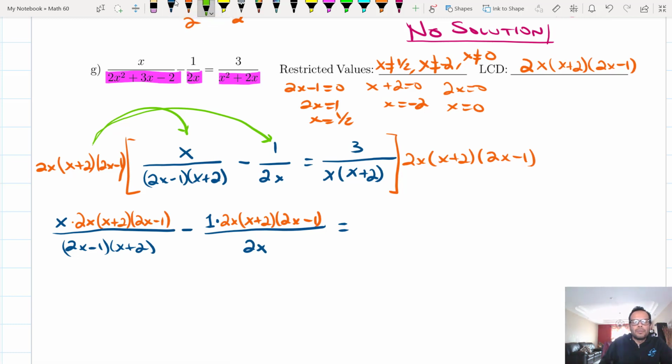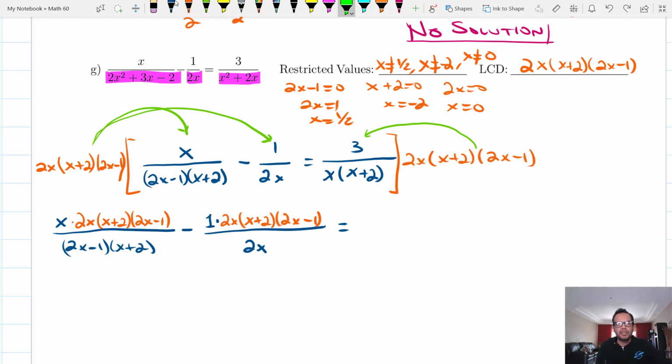let's do the distribution of the LCD over the numerator of the right hand side, right? There's only one term on the right hand side. So essentially we are multiplying the number 3 with the quantity 2x times x plus 2 times 2x minus 1.